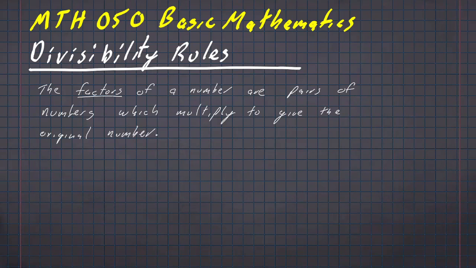The factors of a number are pairs of numbers which multiply to give the original number.